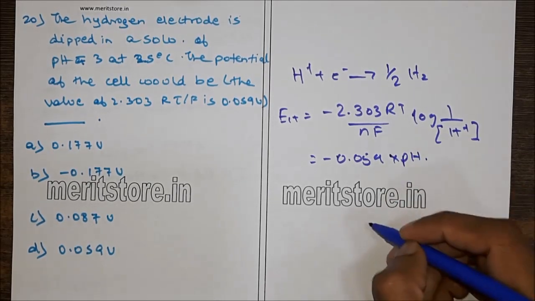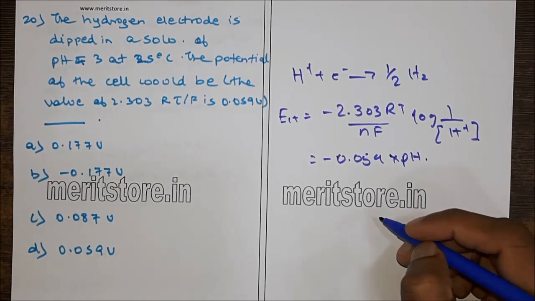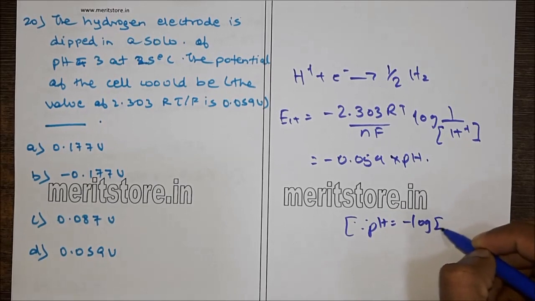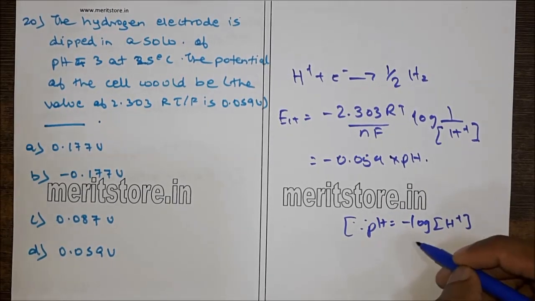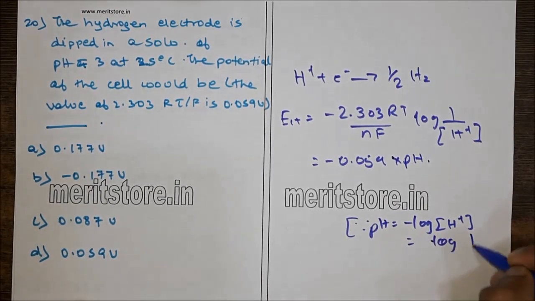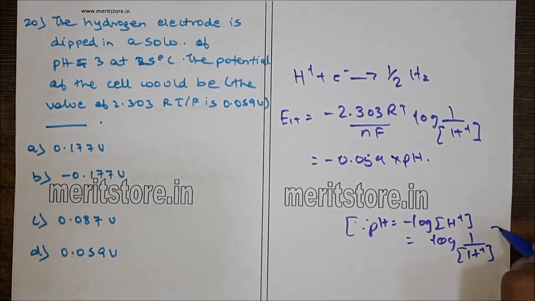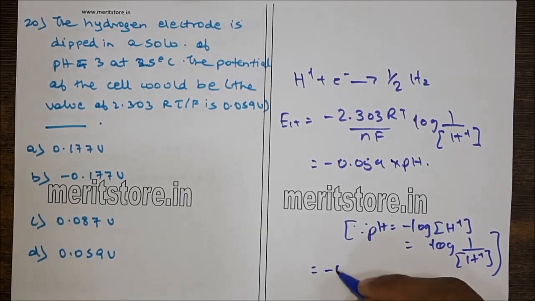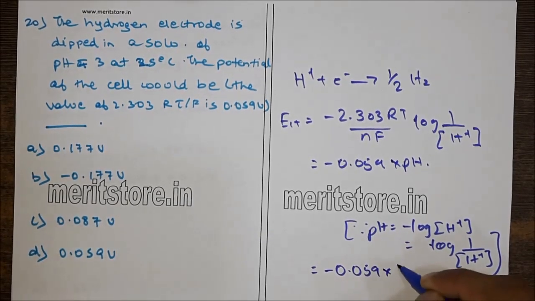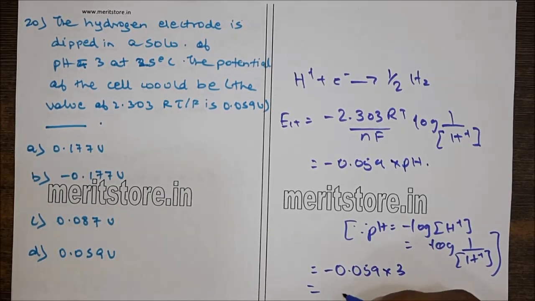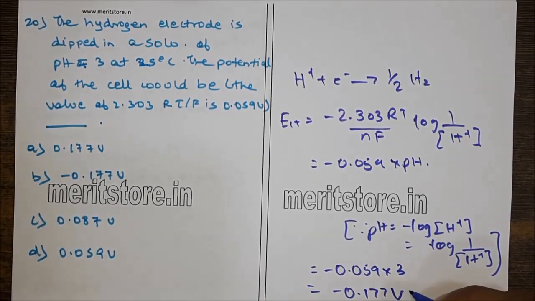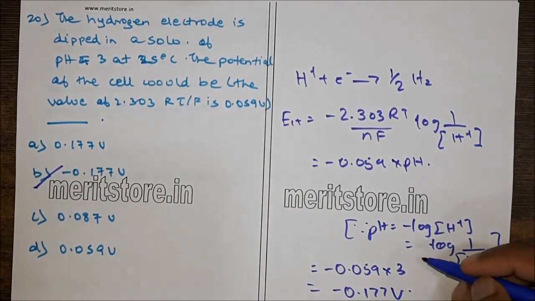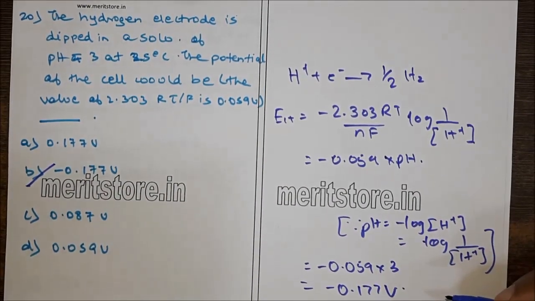We know pH is equal to minus log of H⁺, which is equal to log of 1 upon H⁺. So we get minus 0.059 into 3. Multiplying it, we get minus 0.177 volt, so the answer matches option B. Option B is the correct answer.